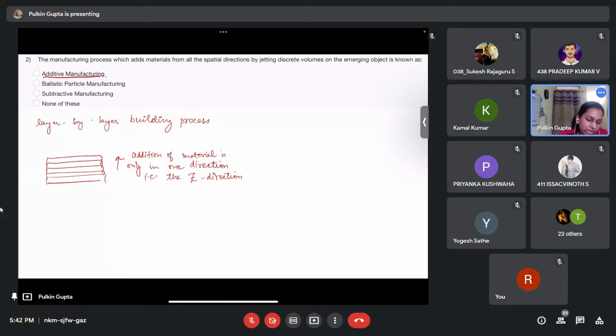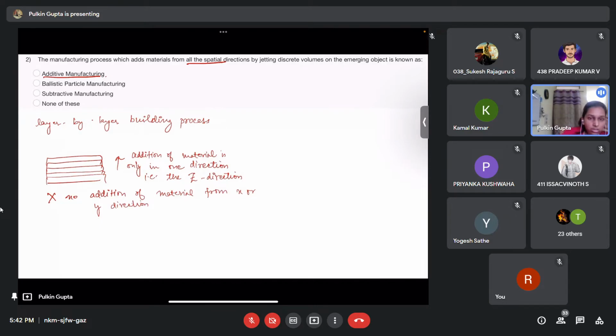So it is not adding material from all the directions. So this is not our answer. No addition of material from X or Y direction.